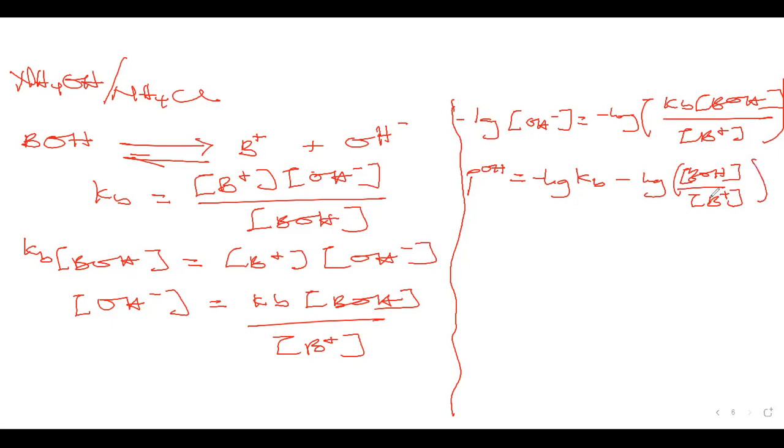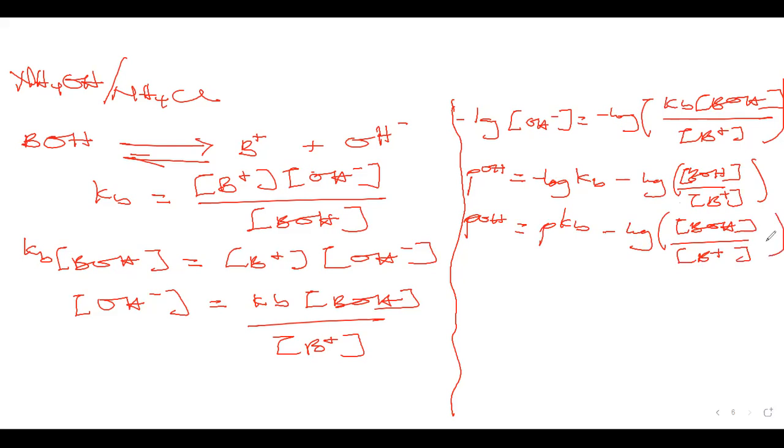So my pOH will be equal to negative log of Kb, which is the same as pKb, minus log of BOH all out of B plus concentration.